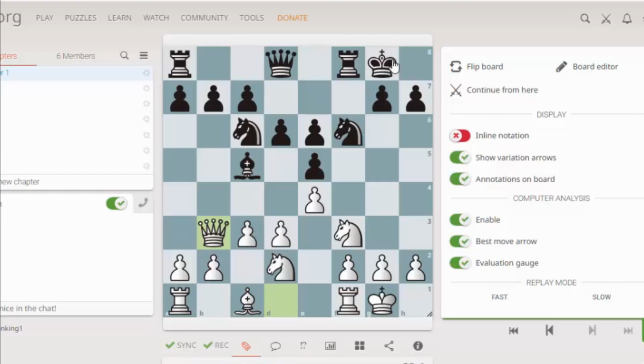Now let's make one more. I don't know the notation. Oh, is it QB3? Yes, it is QB3. Now let's make a move. This is fine. Now this move. RE8. Okay. RE8.